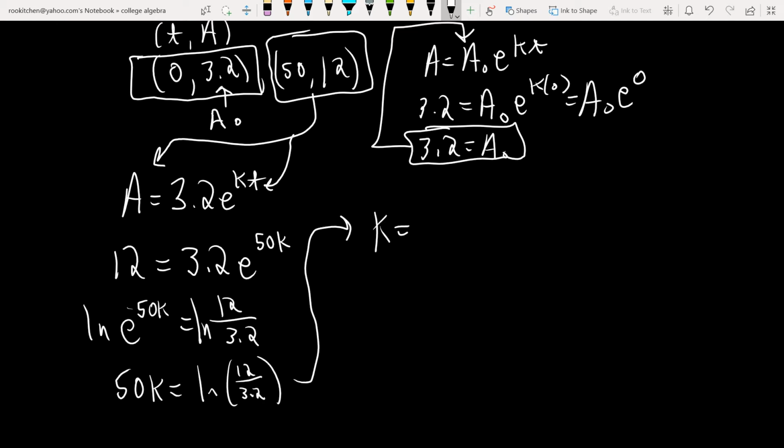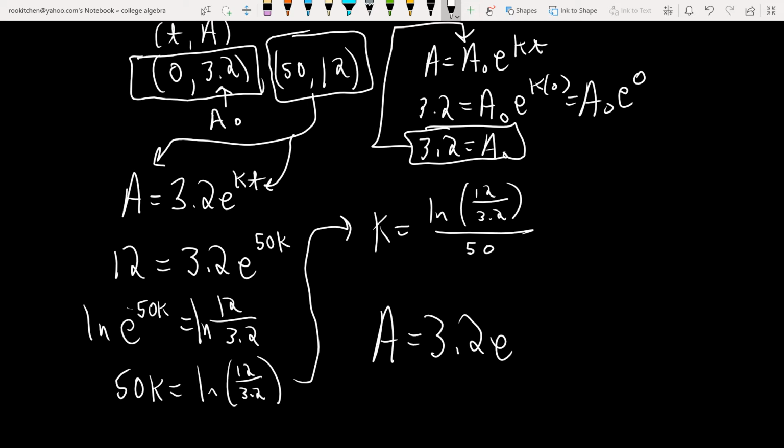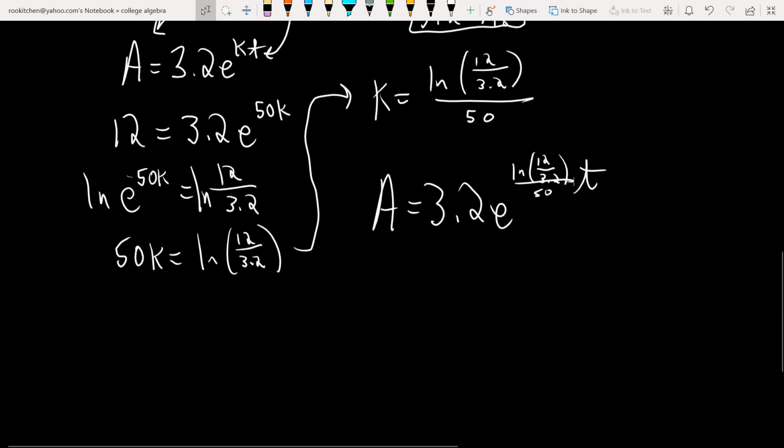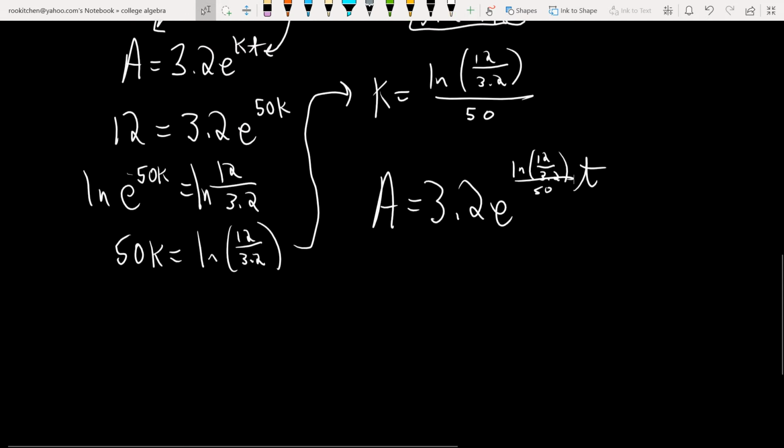So k will equal ln of 12 all over 3.2 divided by 50. Now we can rewrite our formula as a equals 3.2e to the, and this is nasty looking, but it's better, in my opinion, than using some weird decimal approximation. Okay, so that's part A of the problem.